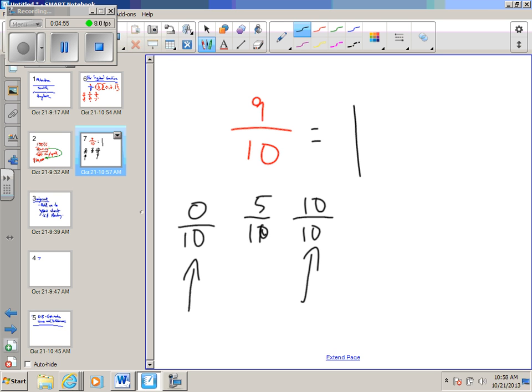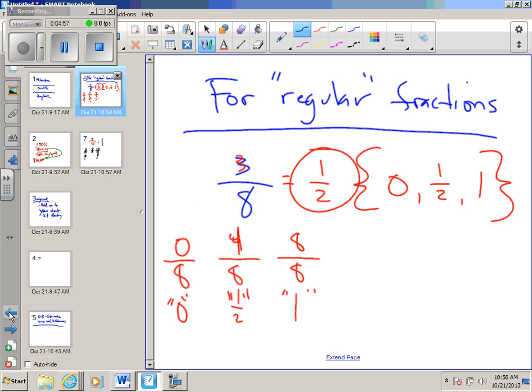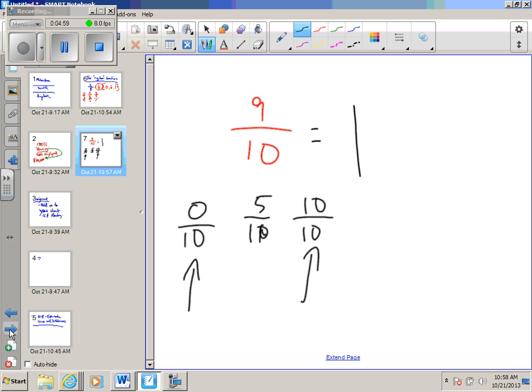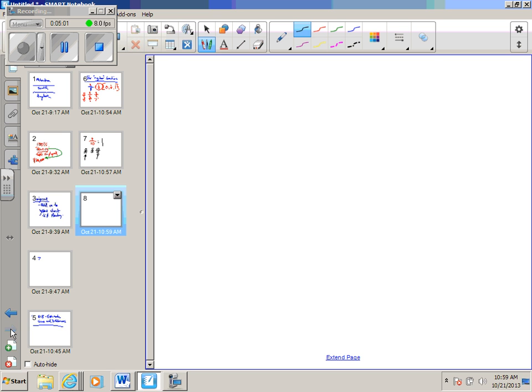Now, let's rewind and say, all right, I'm going to take the 3/8, and I'm going to add it to my 9/10. Using the estimation that we just did, we had said that 3/8 was closest to half, and we said that 9/10 was closest to 1 whole.